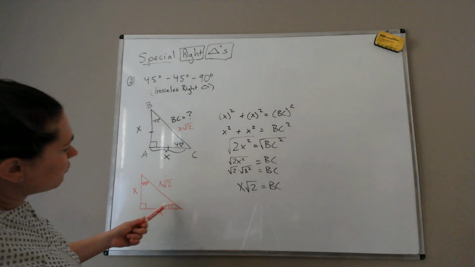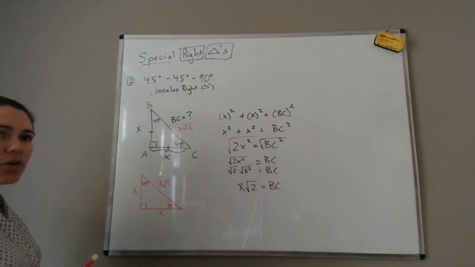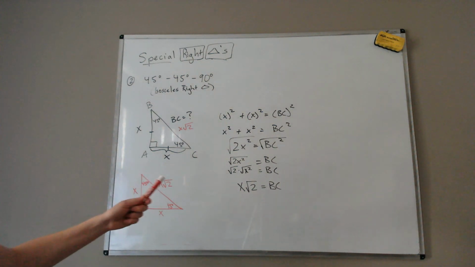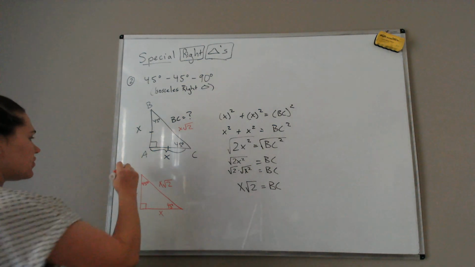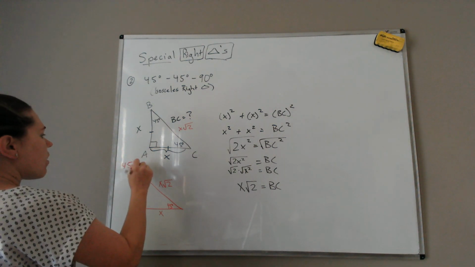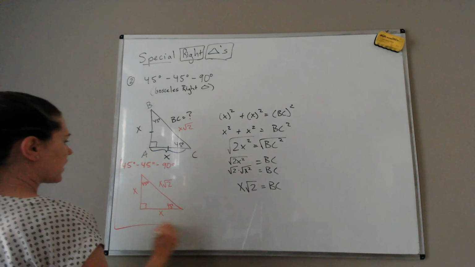If you know you have a 45, 45, 90, and you have what's opposite 90, if you divide that by the square root of 2, you would get the 45-degree side length, what's opposite 45.